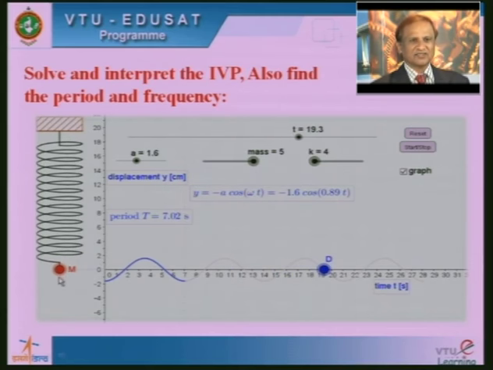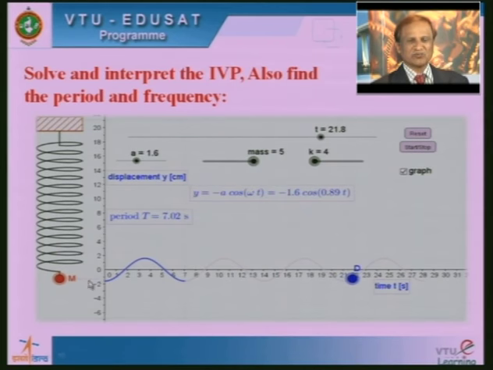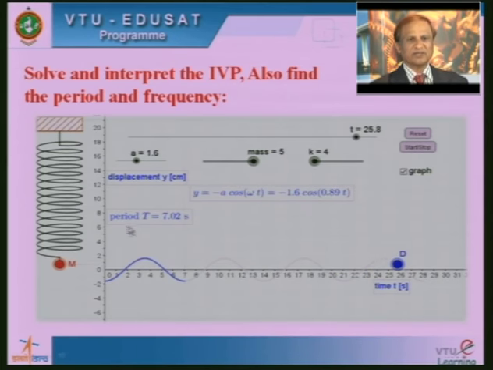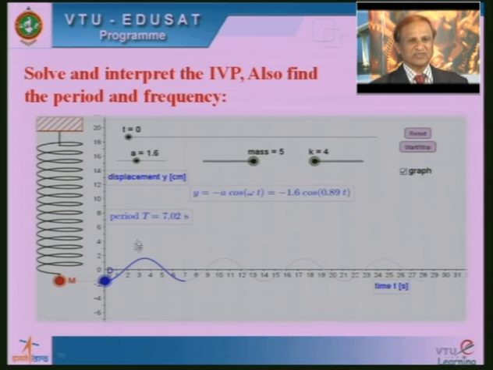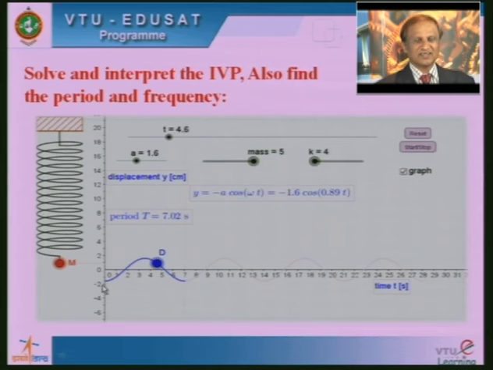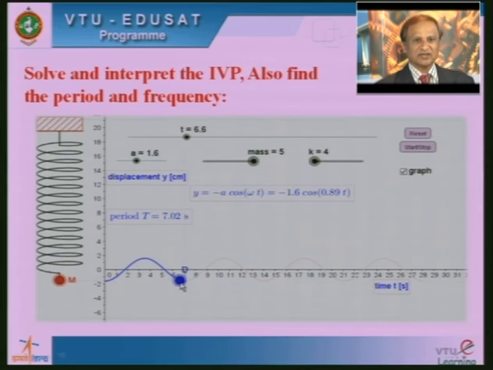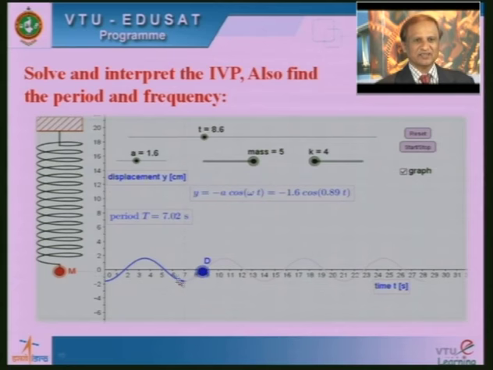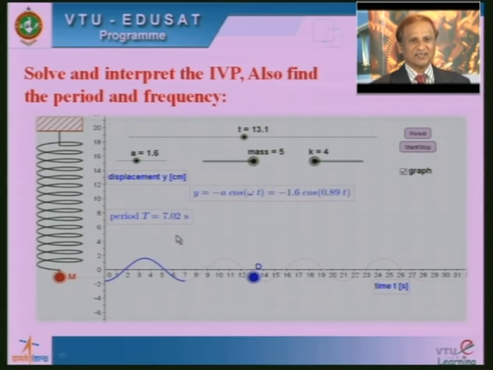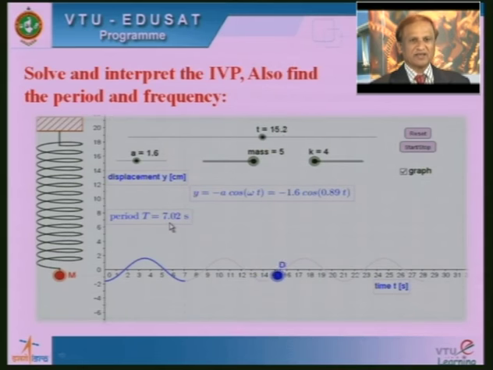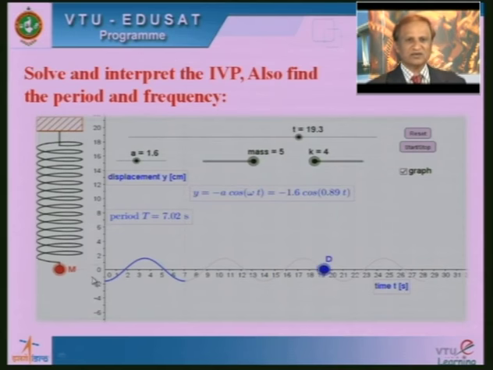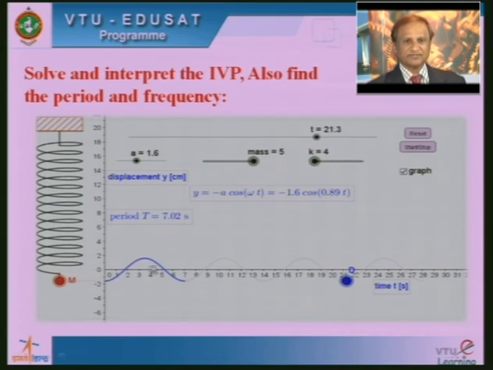Now, you can calculate the period, how much time it takes to complete one cycle. It starts from 0, and here we have calculated it requires 7.02 seconds to complete one cycle or one period.